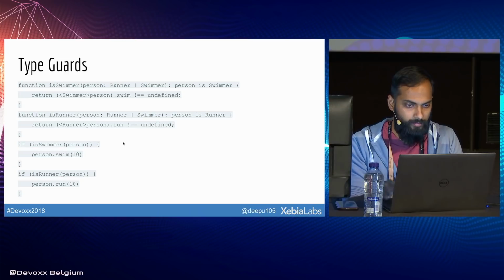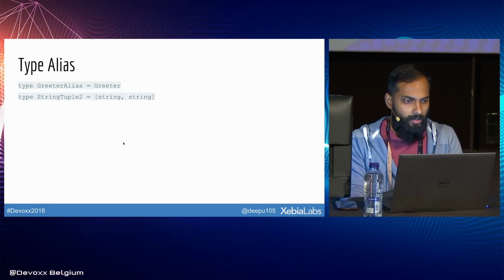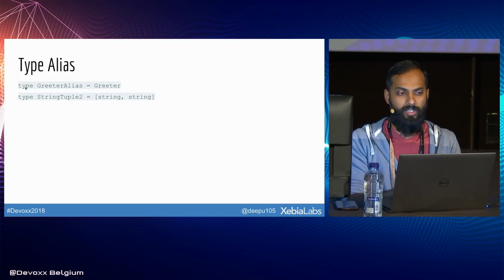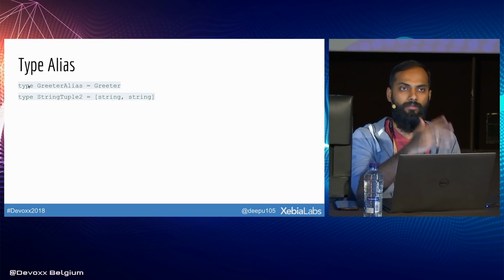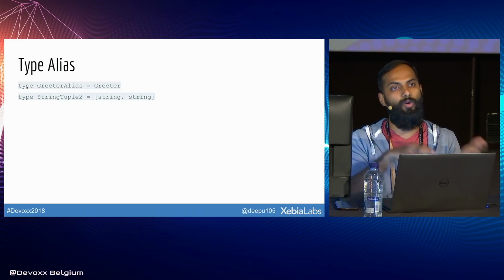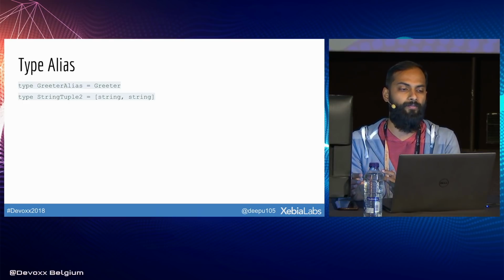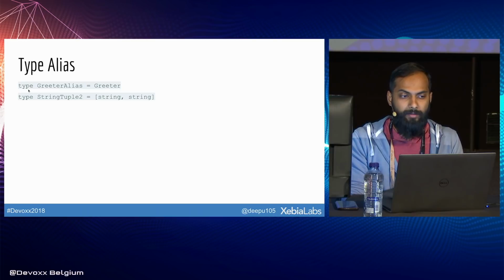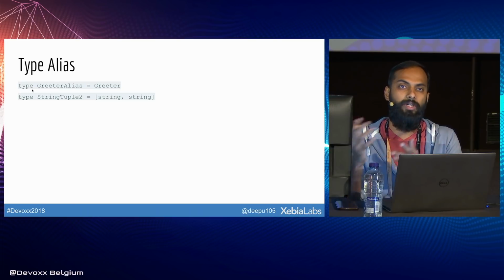So type aliases. You might have seen usage of a type keyword here and there. They're almost identical to interfaces. So whatever you can define with an interface, you can also define with a type. The only difference is with type, you can also alias primitives.